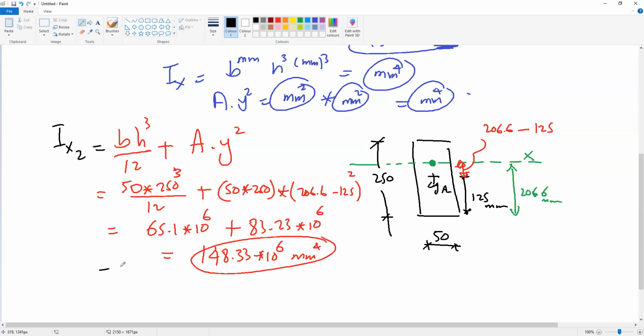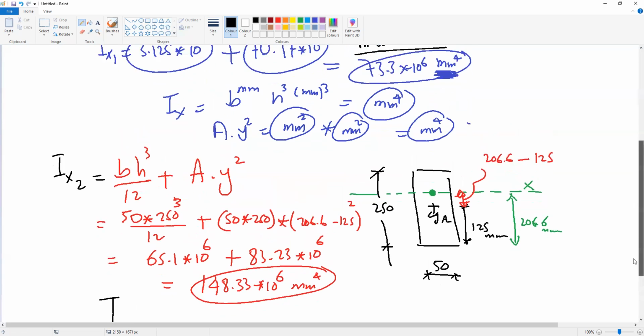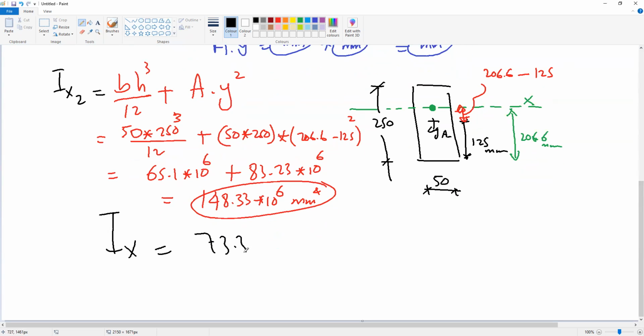And finally, Ix for the whole section will be 73.3 times 10 to the power 6 plus 148.33 times 10 to the power 6.